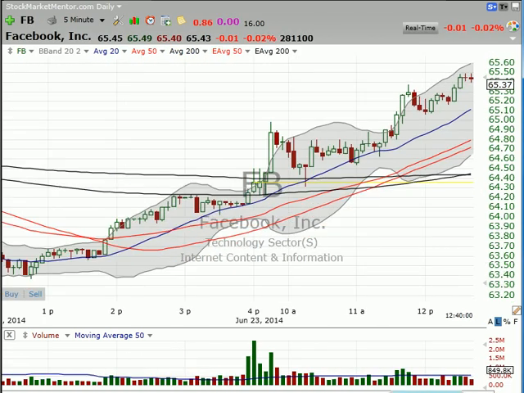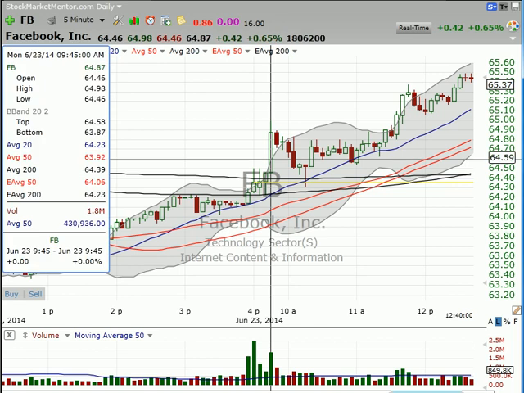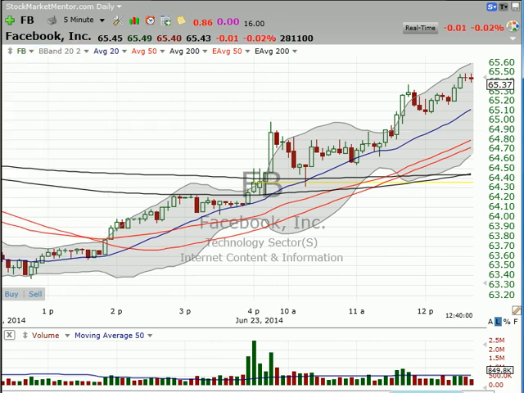How about Facebook? Okay, Facebook here at 9:45 peaked up here at, we'll say $65, and then it started selling off. Okay, so I'm long Facebook, right? And I'm okay with that, but what I want to know is maybe I should add to the position.